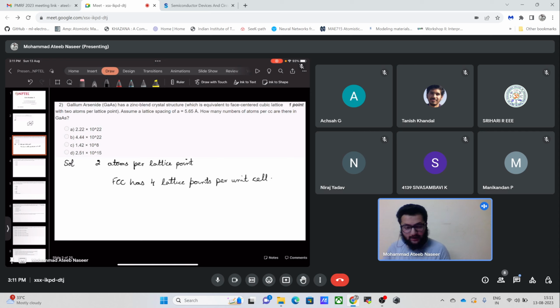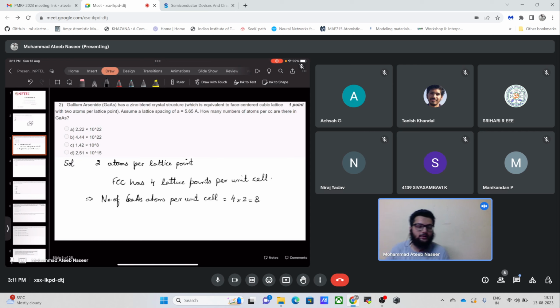So it means that the number of atoms in this gallium arsenide, the number of gallium arsenide atoms per unit cell, will simply be 4 multiplied by 2, and it will be 8.